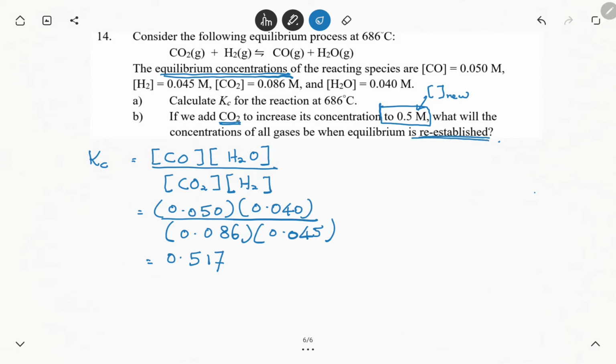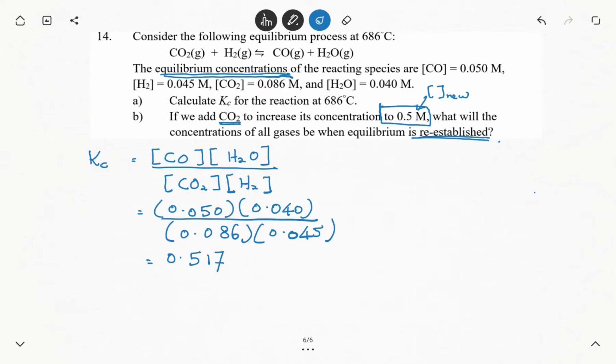Okay, so just now we have the reaction that is in equilibrium, because the question gives you the concentration at equilibrium. But when we add some of the reactant or product, the equilibrium system will be disturbed.